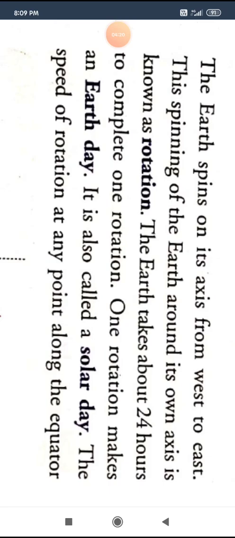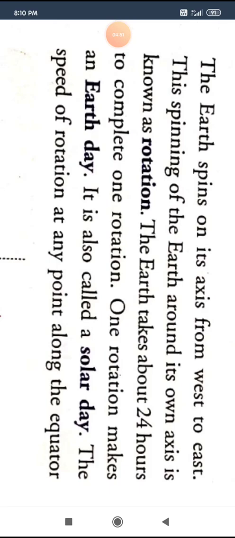The Earth takes 24 hours to complete one rotation, and this one rotation makes an Earth day, which is also called a solar day. Don't be confused, Earth day and solar day are synonyms.